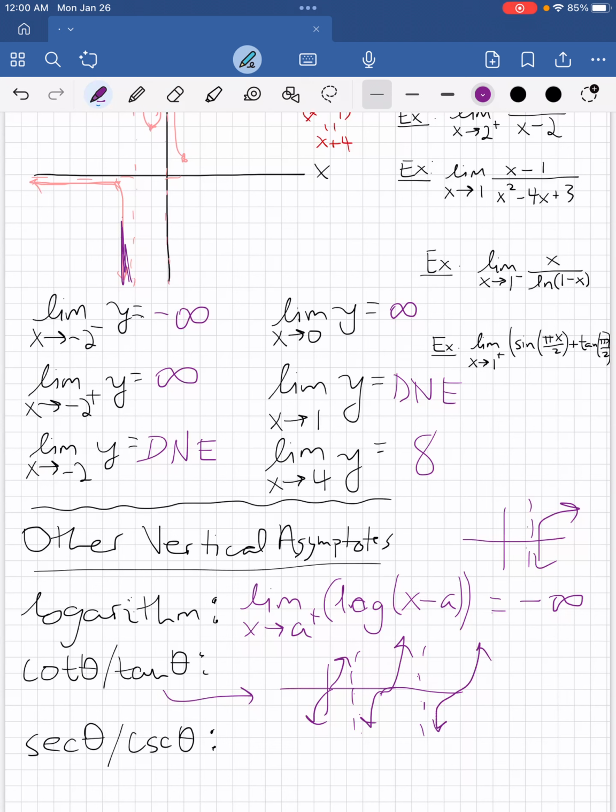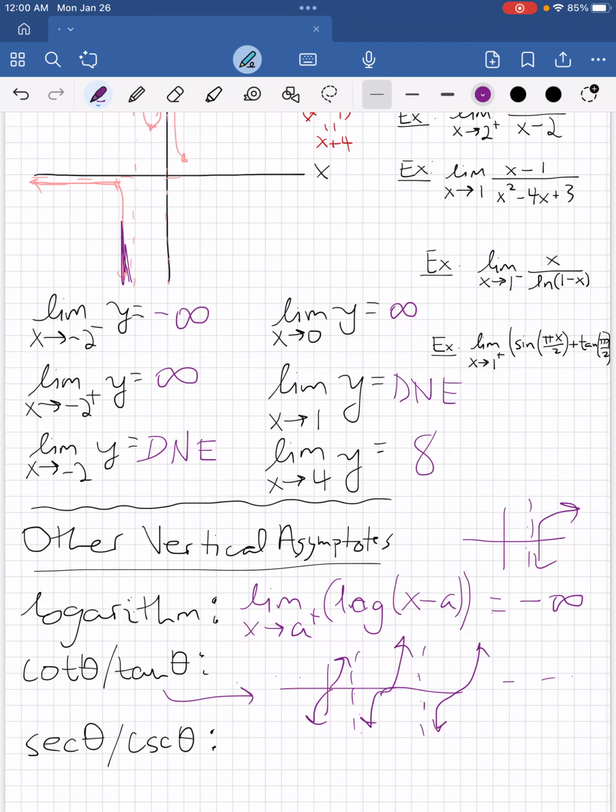And it goes on in both directions. So you'll notice that as x approaches pi over 2, or any of its odd multiples from the left-hand side, the y is approaching positive infinity. And from the right-hand side, the y is approaching negative infinity.